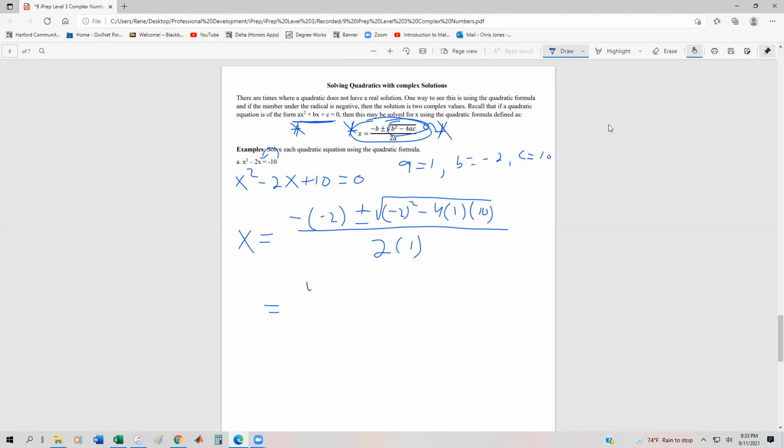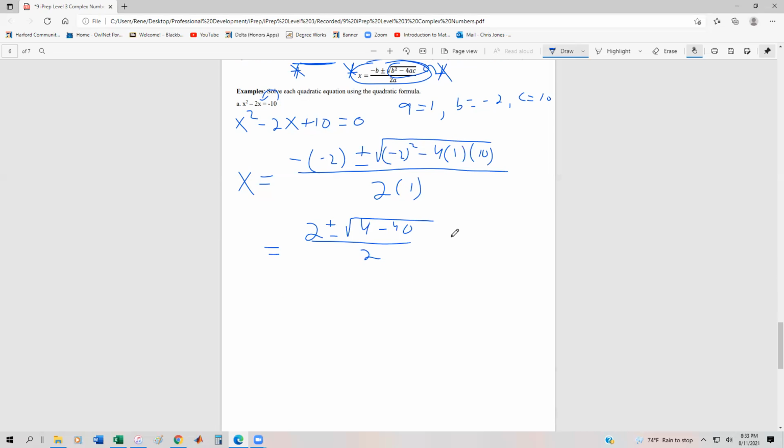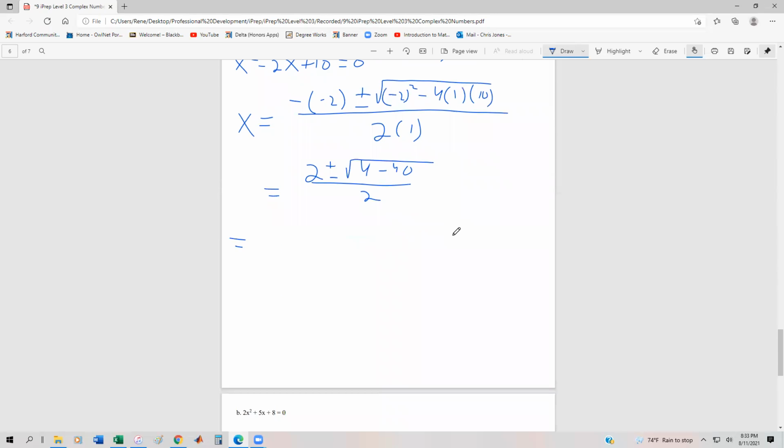The opposite of negative 2 is positive 2, and underneath the radical, when we square the negative 2, that becomes a positive 4. So we get 2 plus or minus the square root of 4 minus 40 divided by 2. Another way to write that would be 2 plus or minus the square root of negative 36 divided by 2.